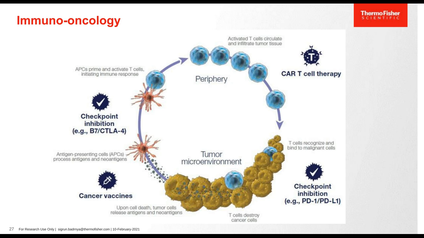Immune checkpoint pathways are critical in balancing immune responses in order to protect tissues from damage when the immune system is activated. However, cancer cells can dysregulate these immune checkpoints and through ligand receptor interactions use them as a mechanism to ultimately evade immune surveillance.